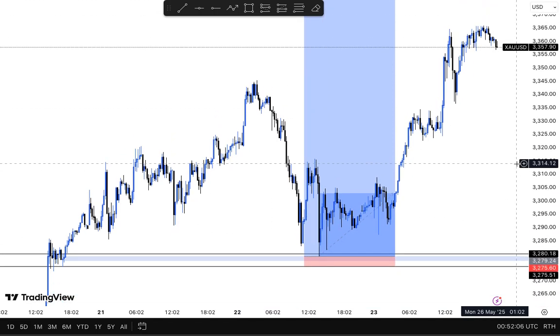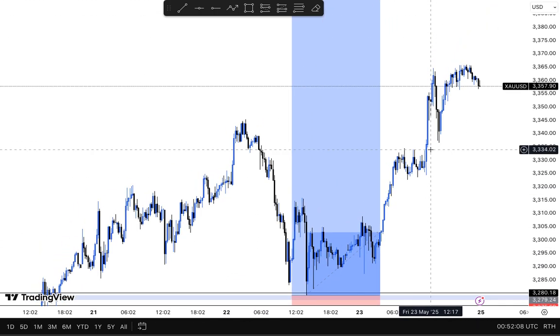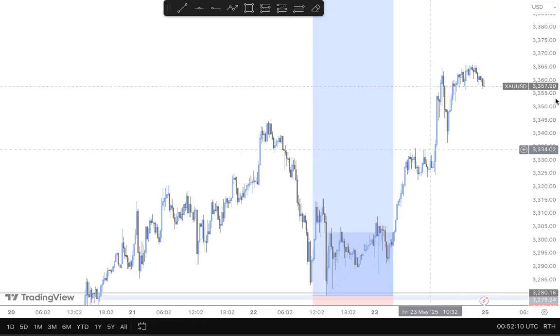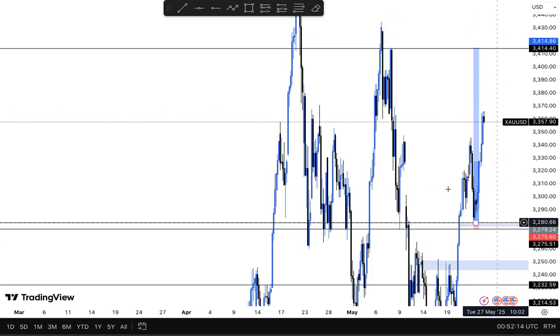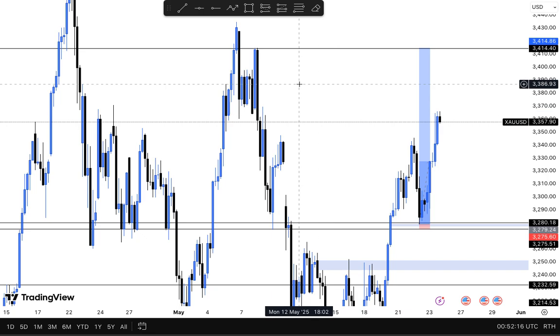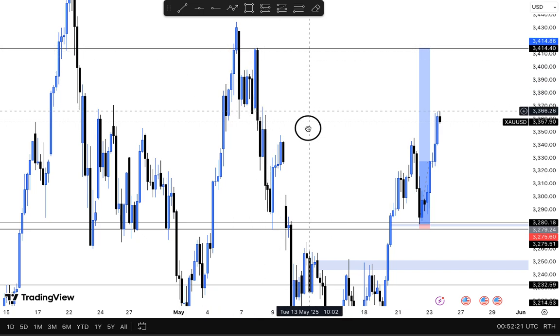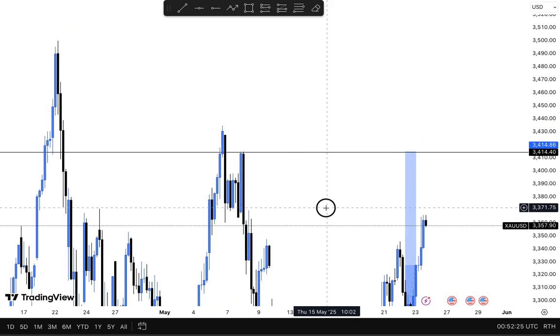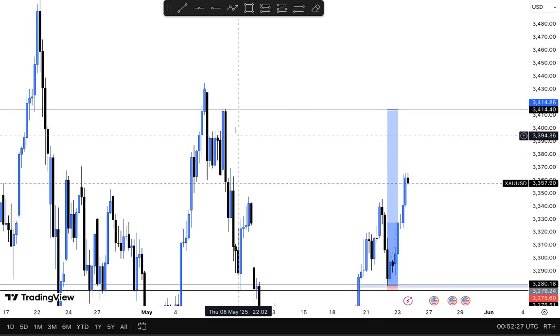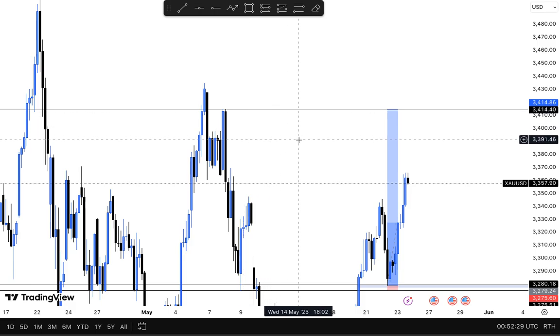Then I set my TP. I set my TP on the next resistance level from the previous downtrend. Yes, but market hasn't yet reached my TP.